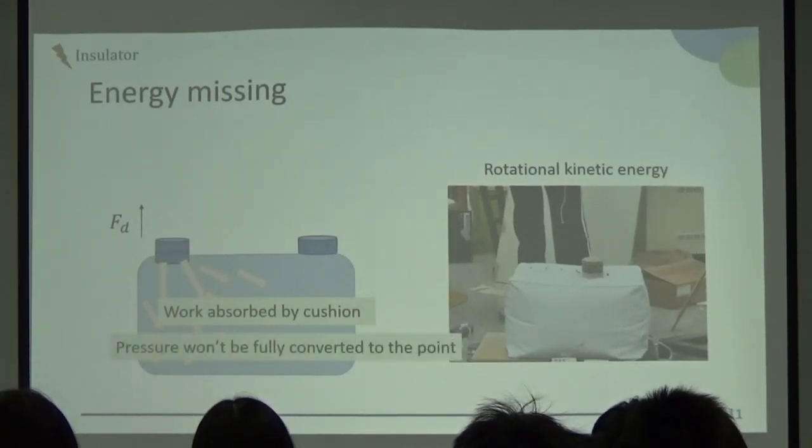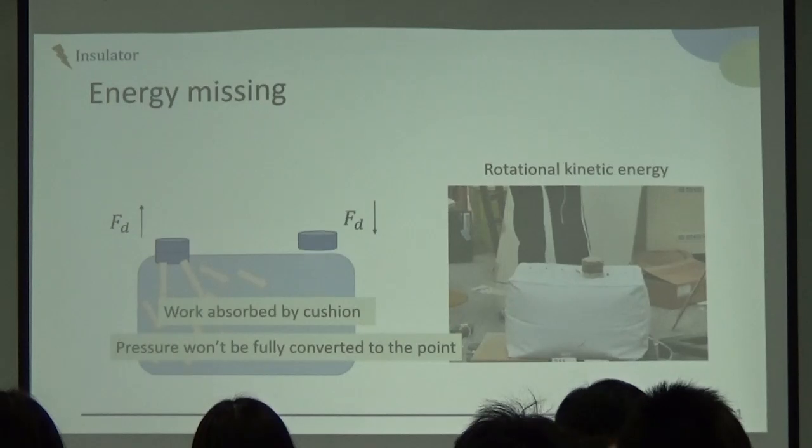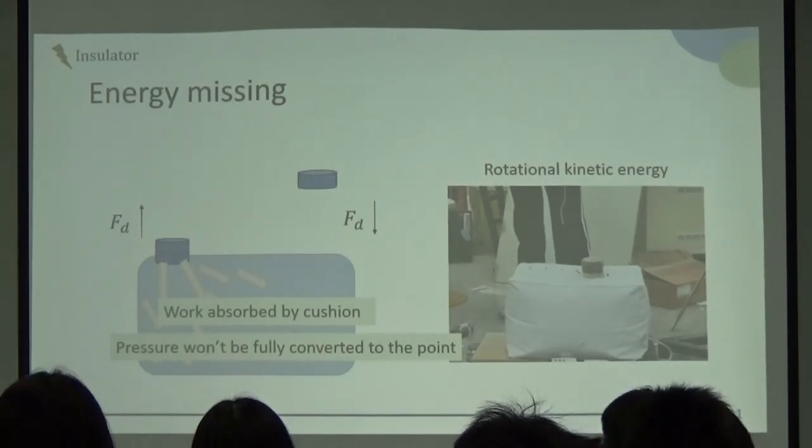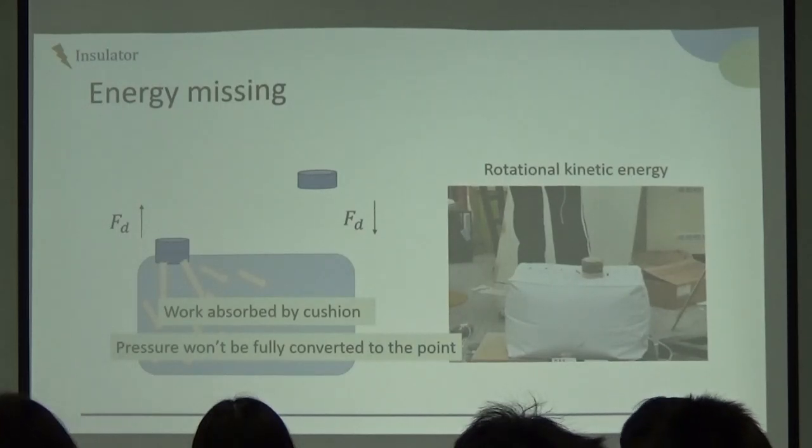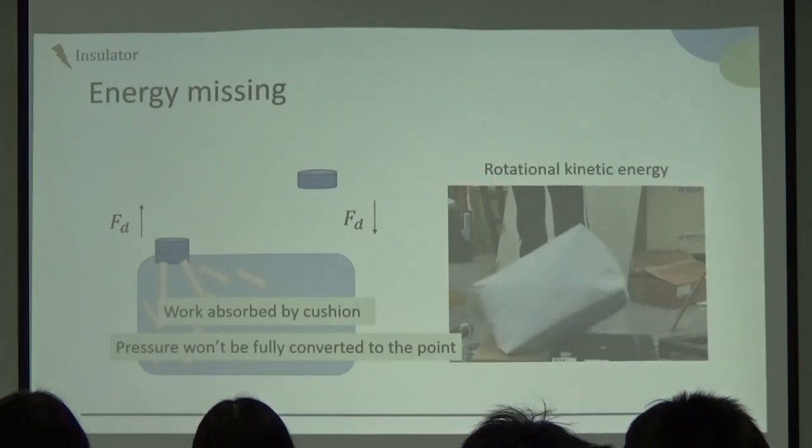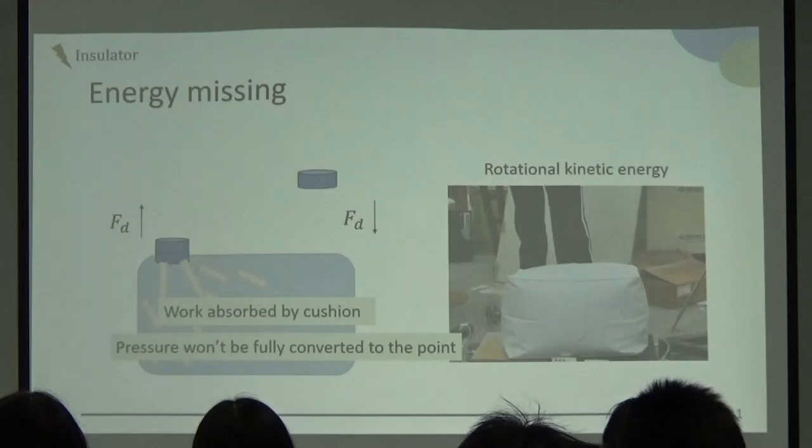Also the pressure won't be fully converted to the position of the flying object. When the flying object is flying, the air resistance will cause it not to reach its really highest point. And we can also see in some cases that it will rotate during the process, so I think some rotational kinetic energy will also come into this.